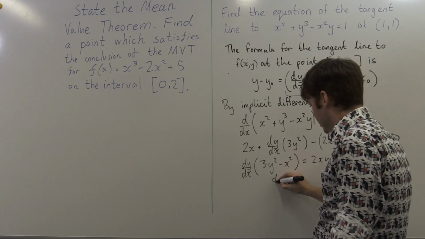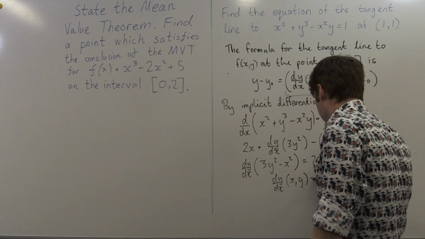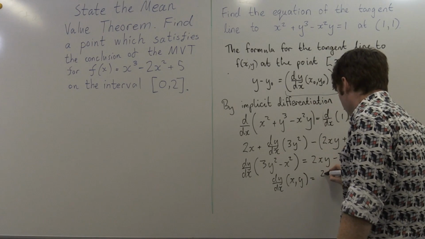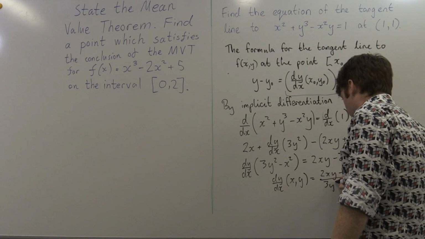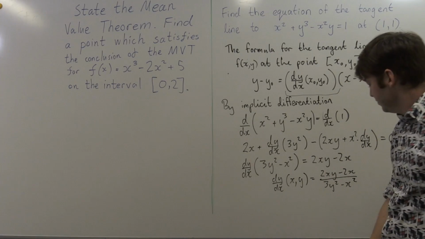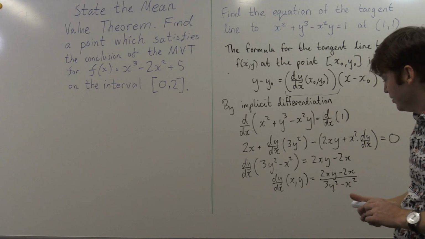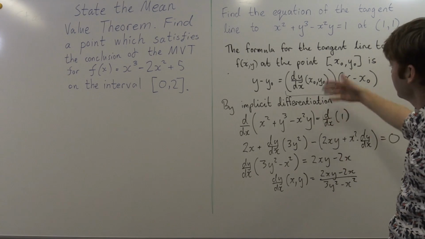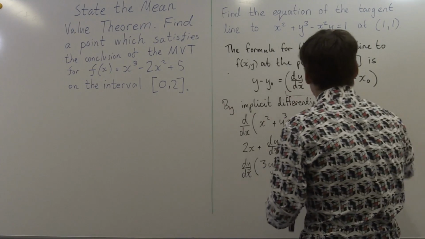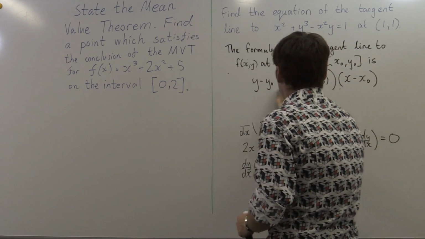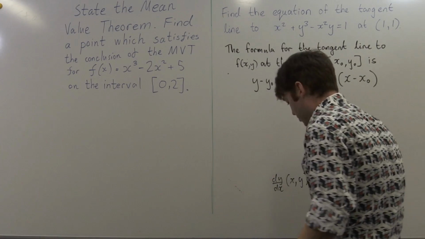And so dy/dx, which is a function of x and y, is equal to 2xy minus 2x all over 3y squared minus x squared. What an odd derivative. But this is all I need. I plug all this stuff into my original equation. So I'll just keep that derivative down there.